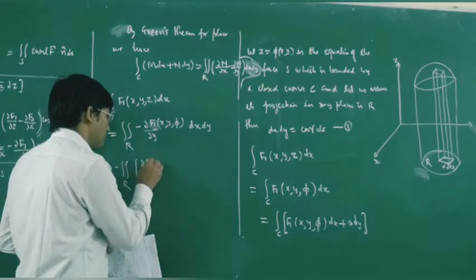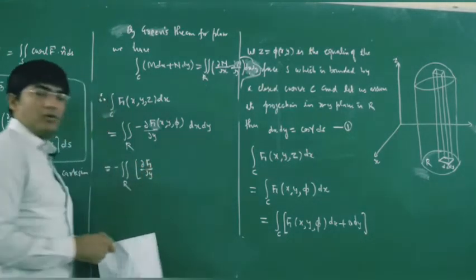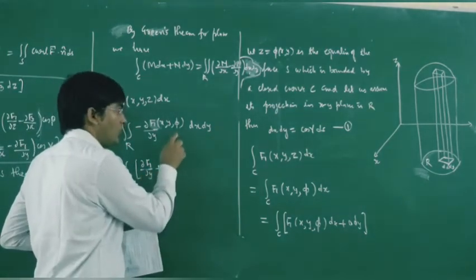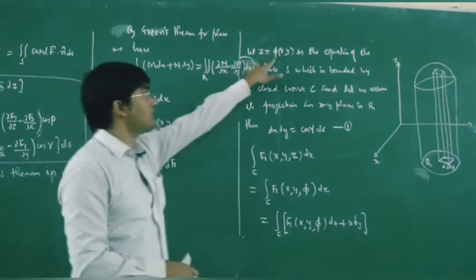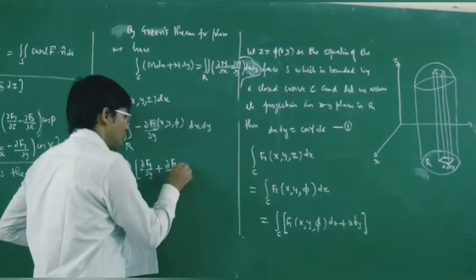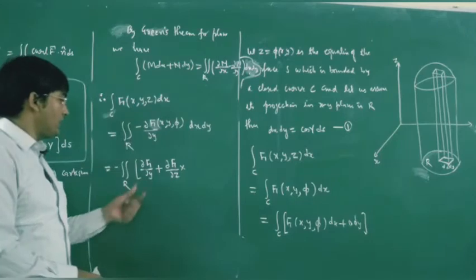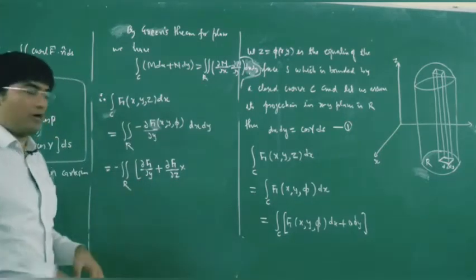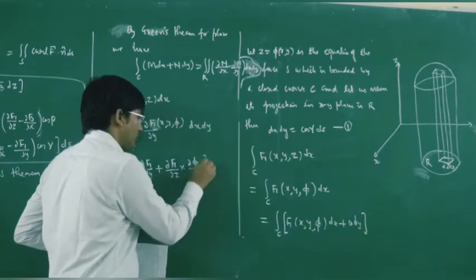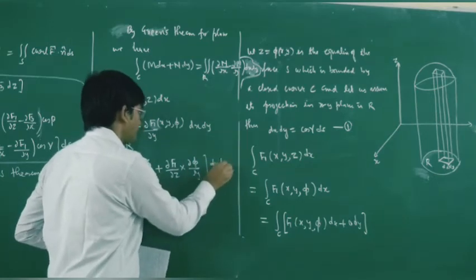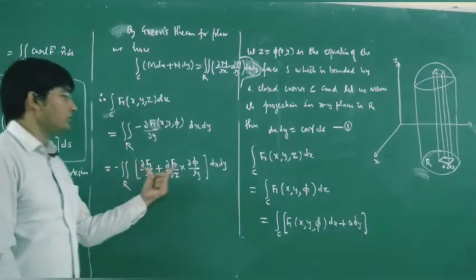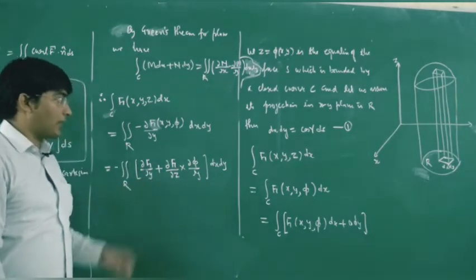Then we will have del f1 upon del y and del y upon del y, that is 1. Then we will have del f1 upon del phi. Phi and z are the same because phi is the same as z. So we can write it as del f1 upon del z into del z upon del y, or del phi upon del y. So I am writing here del phi upon del y, then we have dx dy. So we have this value over the plane R.